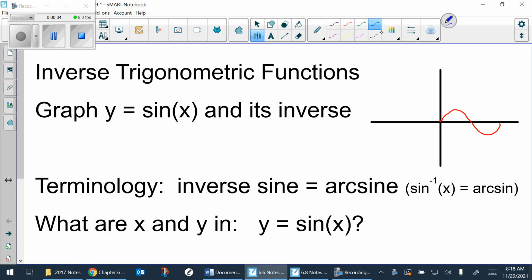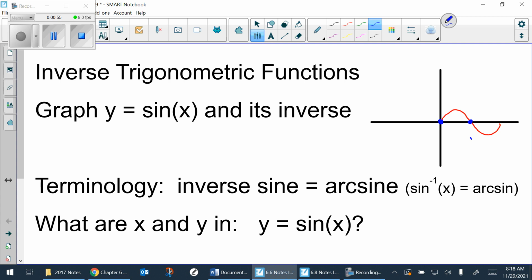What about the inverse? Well, remember that this starts out at 0, 0. And so if I reverse those x and y values, I'm going to start at 0, 0 here. I become positive for a while, and then I become 0 again.